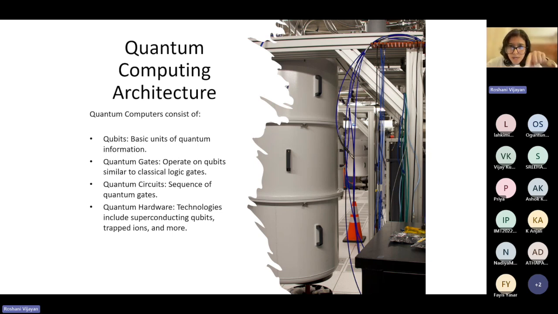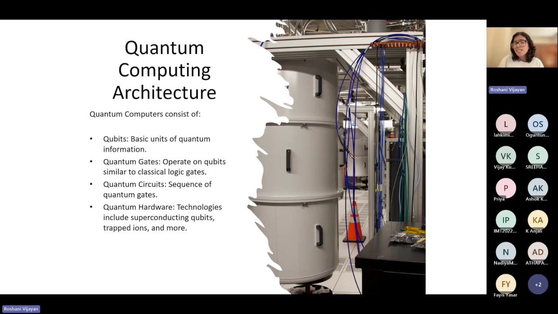If you look very carefully at this image, this huge pipe-like structure, that is a quantum computer. The reason why we keep it this way is because you're working with atoms. Qubits perform computations on an atomic level.